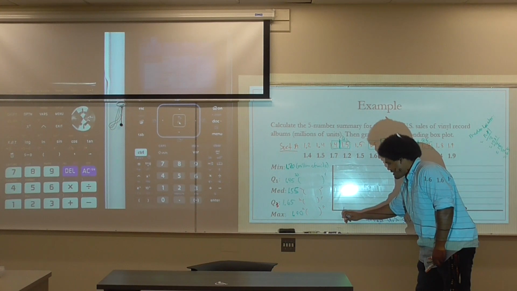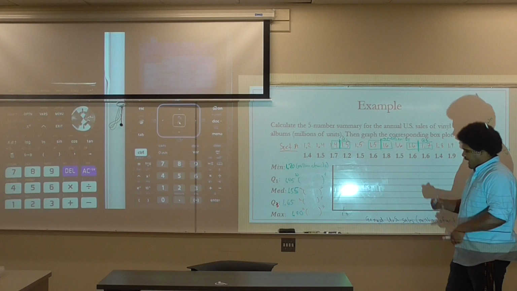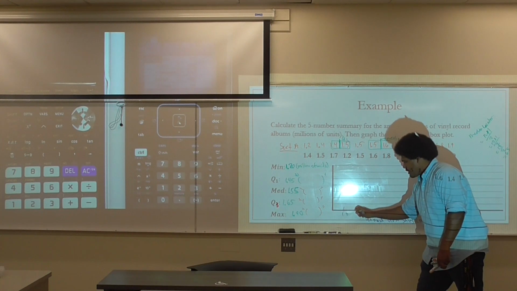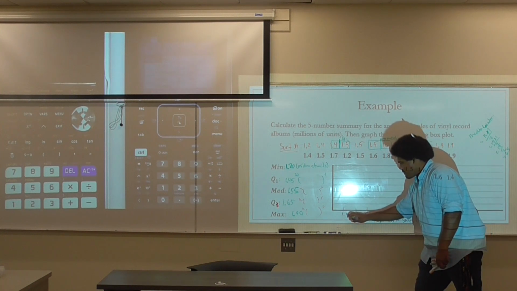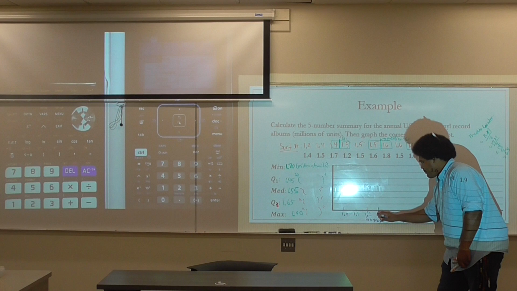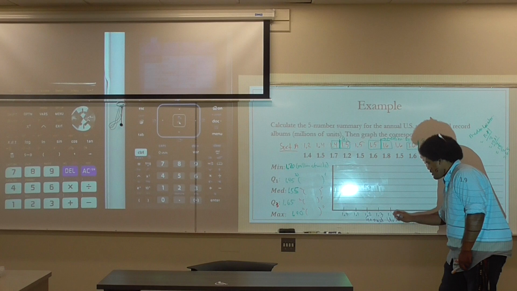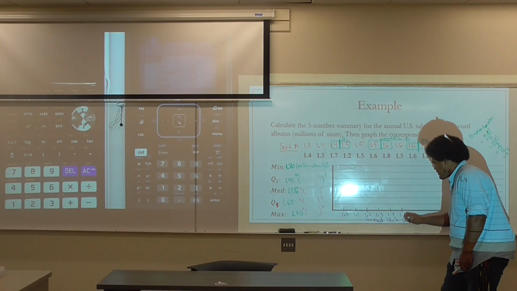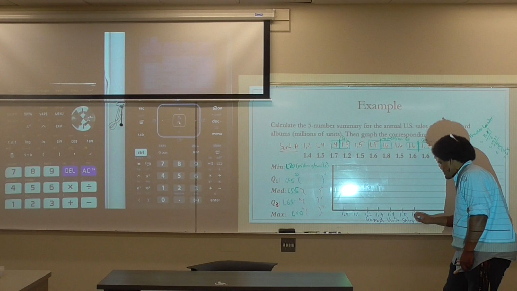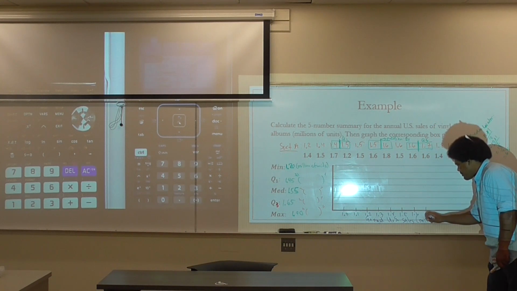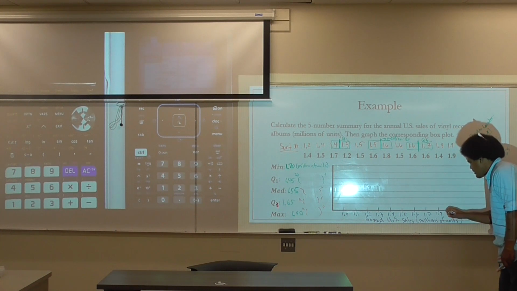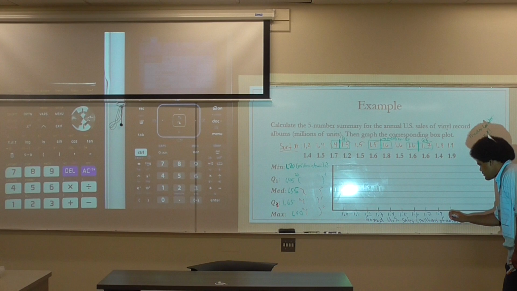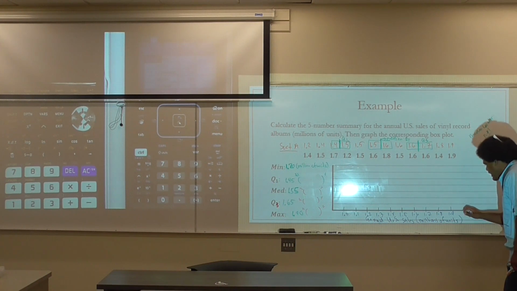So therefore, I can put on this region right here, this could be where my 1 is at, so 1.0. And then I'll just do even scales of 0.1 all the way through. So this would be my 1.1, my 1.2, my 1.3, my 1.4, my 1.5, my 1.6, my 1.7, my 1.8, my 1.9, and my 2.0.